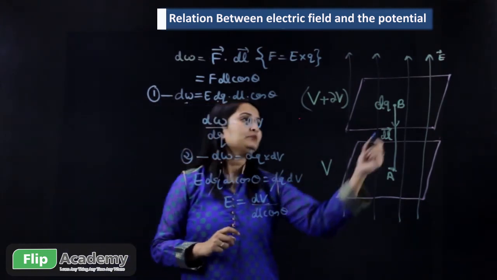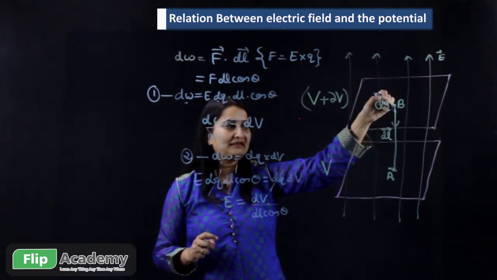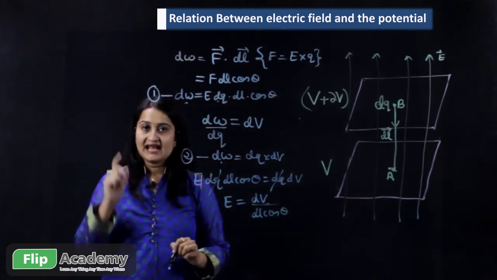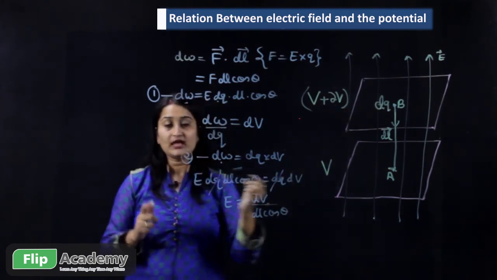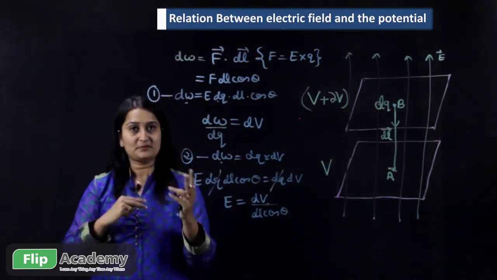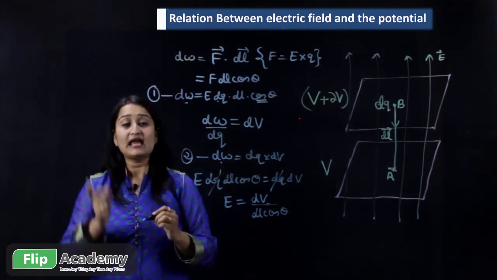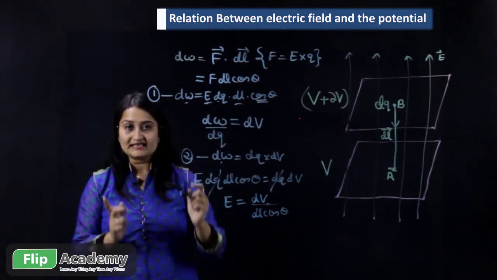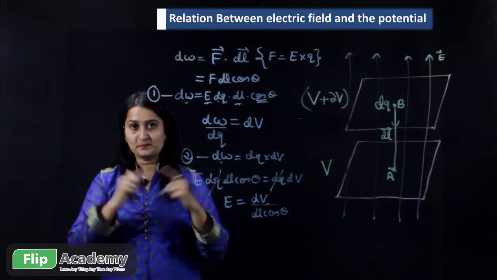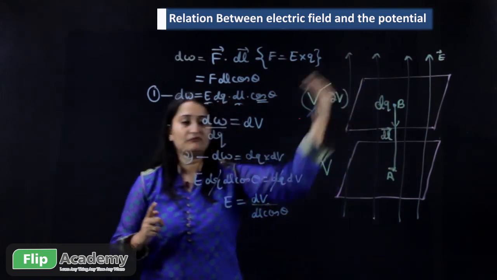Now in this condition, let's work upon the value of cos theta. Just see here, the charge dq is moving from B to the point A, and the electric field intensity is going from this point to this point. That is, both are going in the opposite direction. So what is cos theta? Cos theta is basically the angle between E and dl. dl is going in the downward direction and E is going in the upward direction.